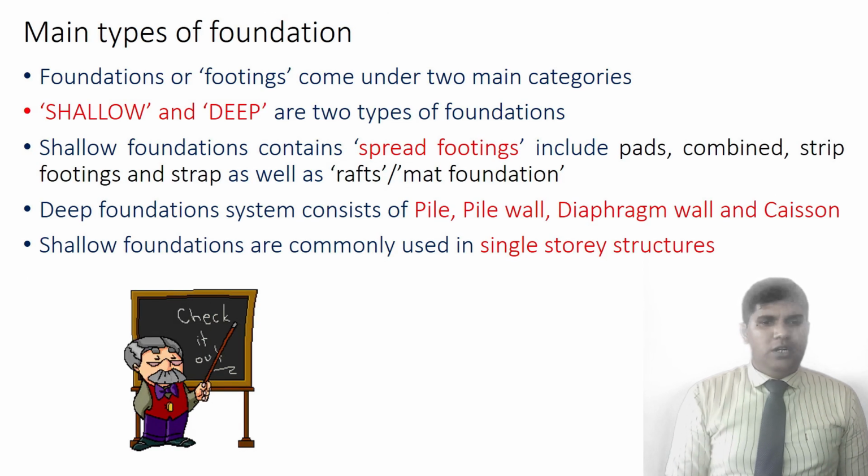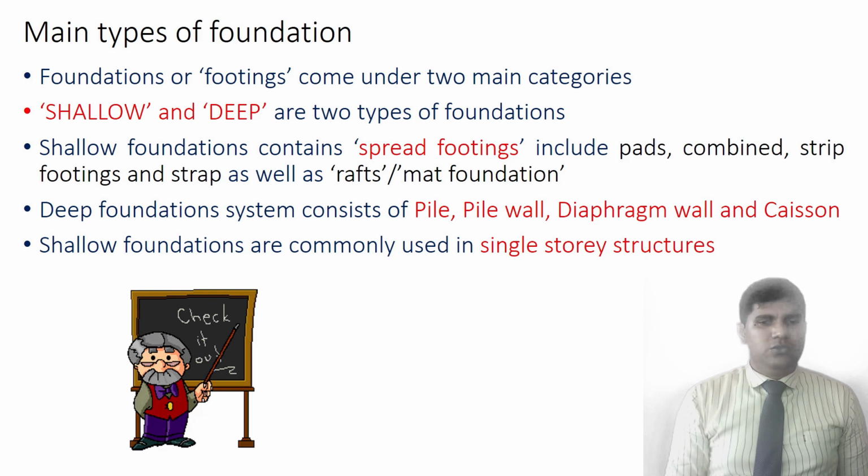Then in the foundation, I told that shallow and deep are the two foundation types. Based on the method of construction, shallow foundations can be categorized into 5 types: strip, pad, combined, raft, and strap foundations. Shallow foundations in other terms we can call spread footings, because shallow foundations mainly contain spread type footings. Therefore pad foundations, combined foundations, strip footings and strap foundations are commonly used.